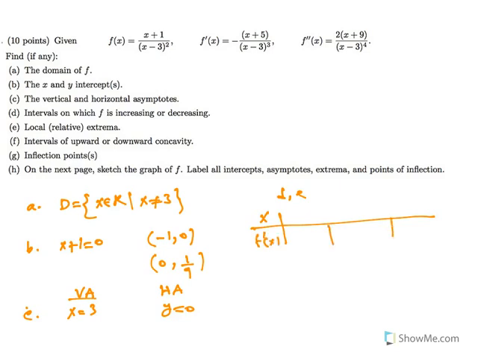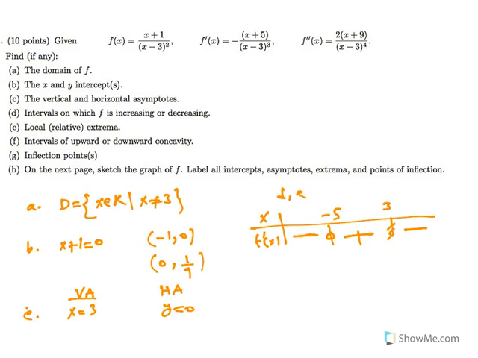At negative 5 and 3, the derivative is 0 and undefined. If you plug in a number more than 3, you see the derivative is negative. Then between negative 5 and 3, it is positive. By plugging in 0, you can find out it is positive. Any number less than negative 5, if you plug it into the derivative, you get a negative number.